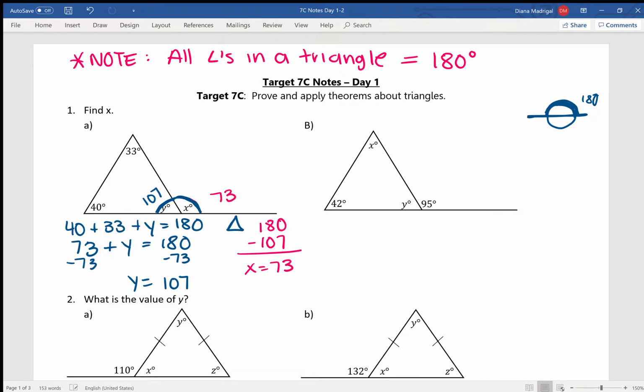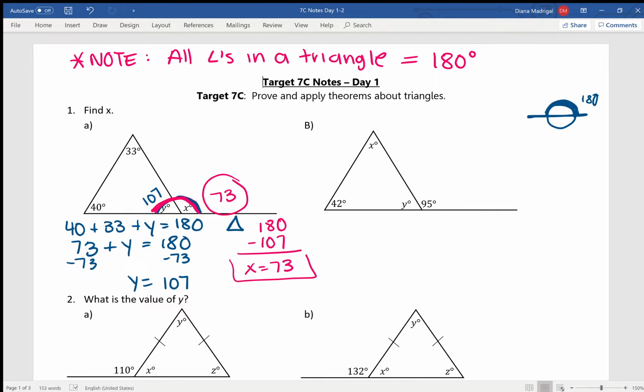Once again, why did I subtract from 180? Because y with x makes 180. I already know y, and I know the angle is 180. So x has to be 73 because y and x equals 180. Do you guys see that? All right, I'm going to erase this. So my answer was 73.